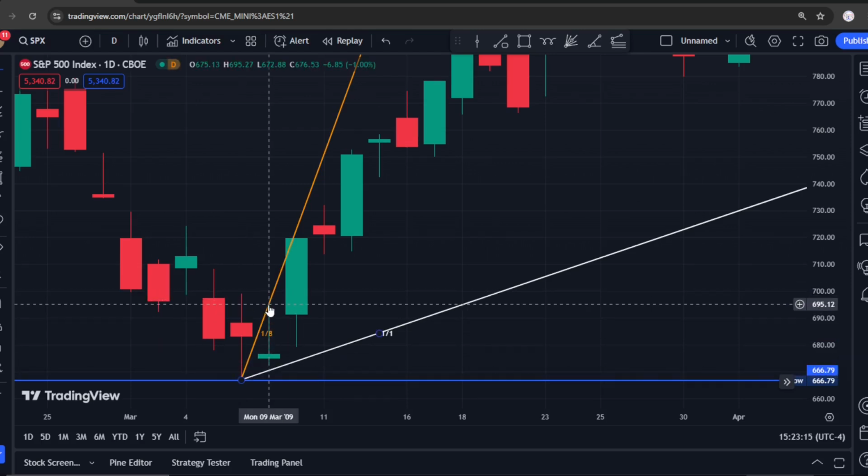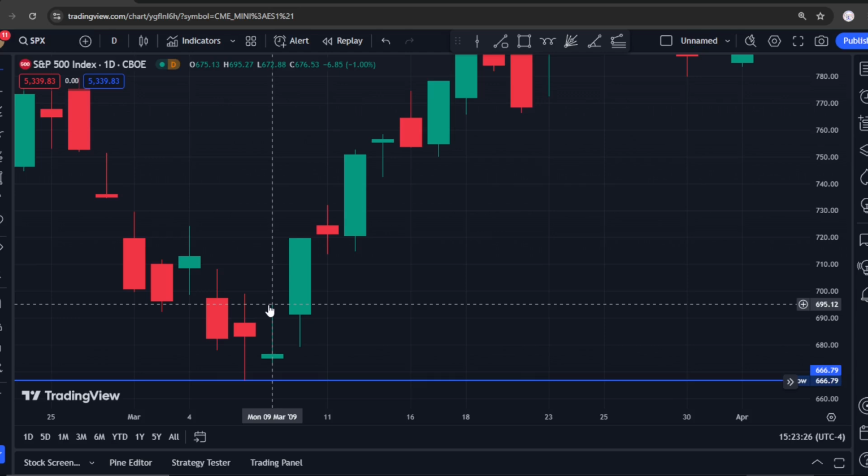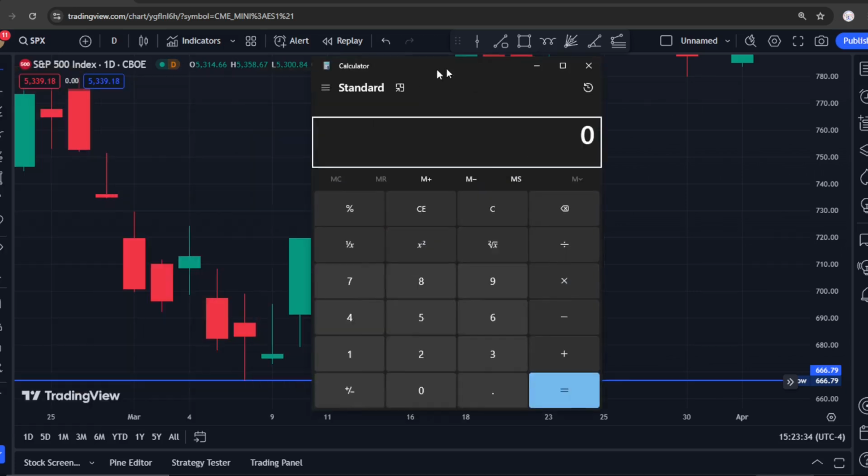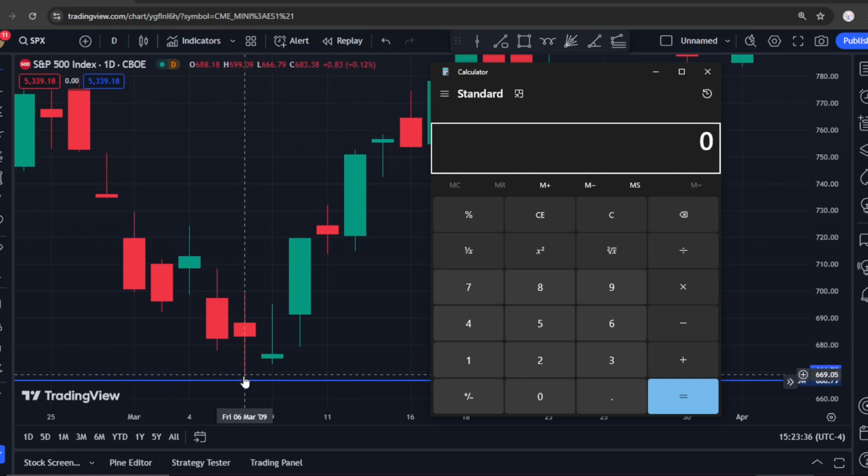And I'm sure that you could go even lower to an hour or a minute and also derive very useful information. But for simplicity's sake, we're going to stick with the daily candle. So, what did I do? Well, I took a calculator and I took the highs and the lows, obviously starting with the reference point of 666.79.